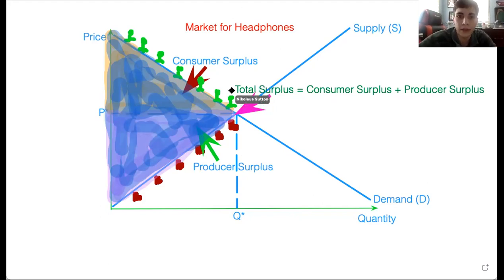Now, I'm not quite sure if this is going a little bit too far in depth, but there is a case where total surplus would also take into account this thing that we like to call deadweight loss.